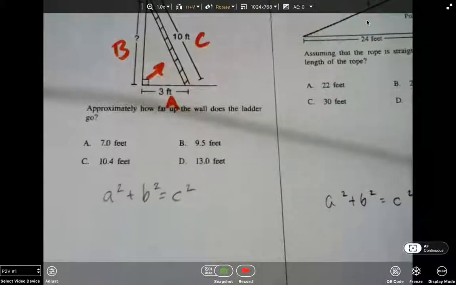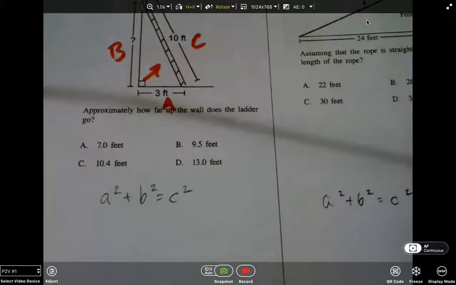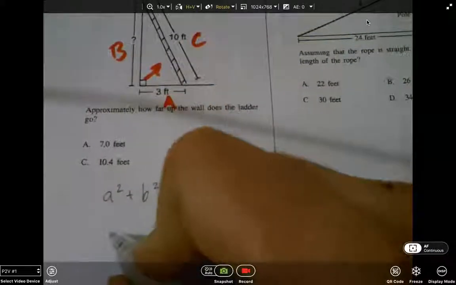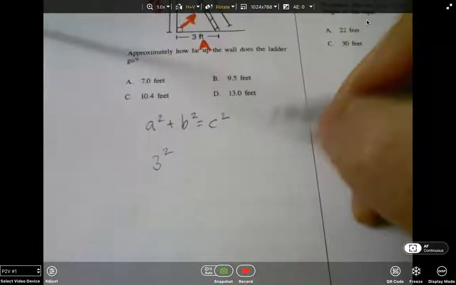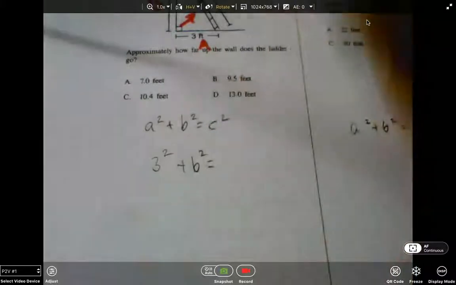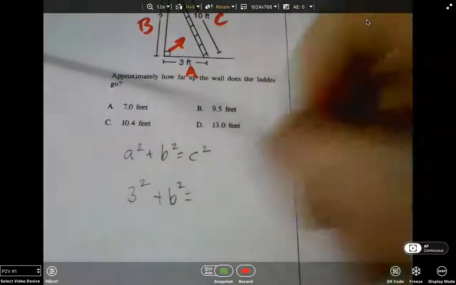When I plug into the Pythagorean theorem, I get 3 squared plus b squared, which I don't know, equals c squared, which is 10 squared.